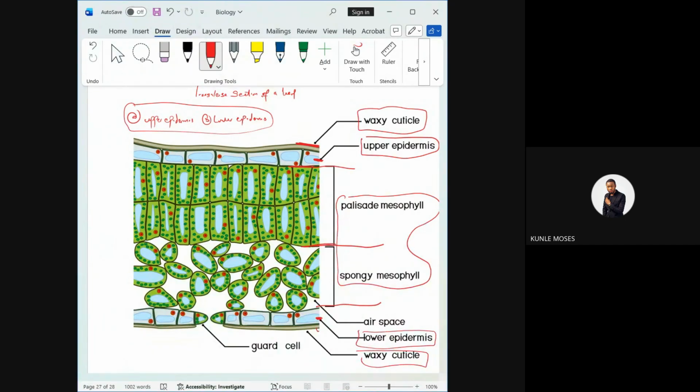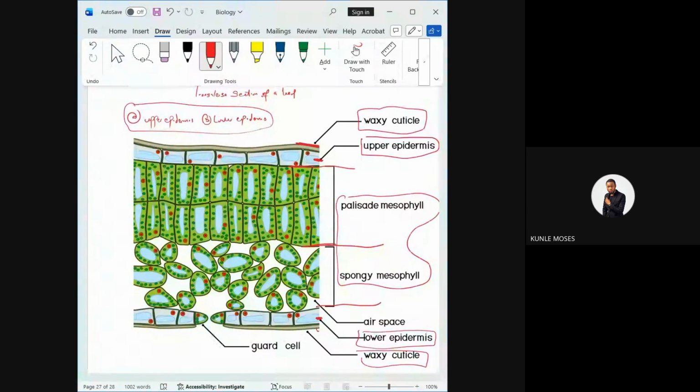The middle layer is like the middle component or structure of the leaf. And the last layer contains other structures. It contains the guard cells. The guard cells determine, they enable the intake of gases.